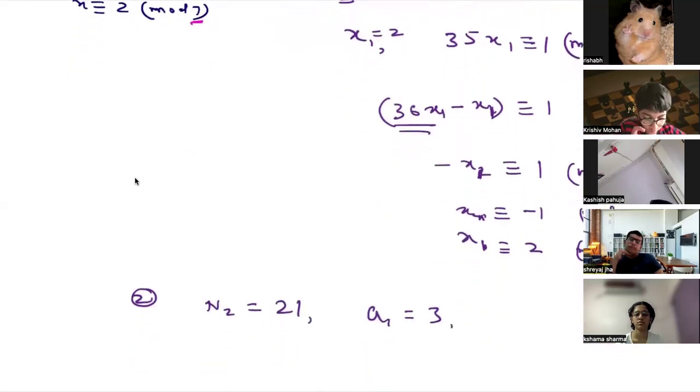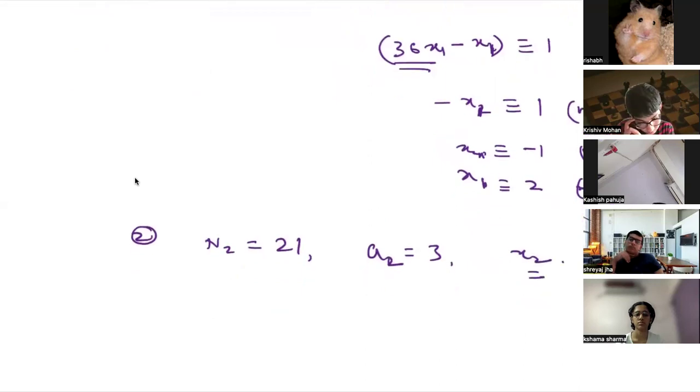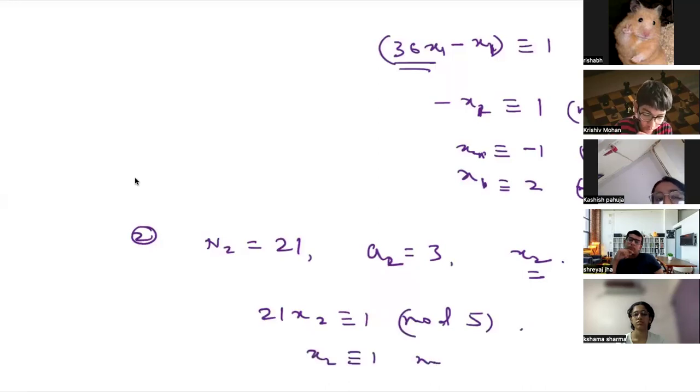And now I have to find X2. 21 X2 congruent to 1 mod 5. So this X2 is congruent to 1 mod 5. Okay, everyone?